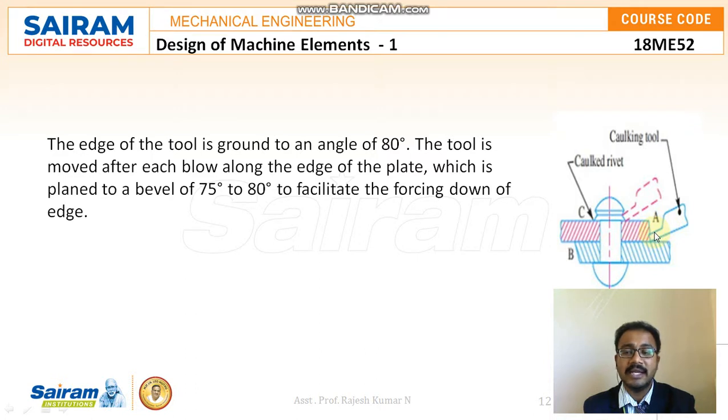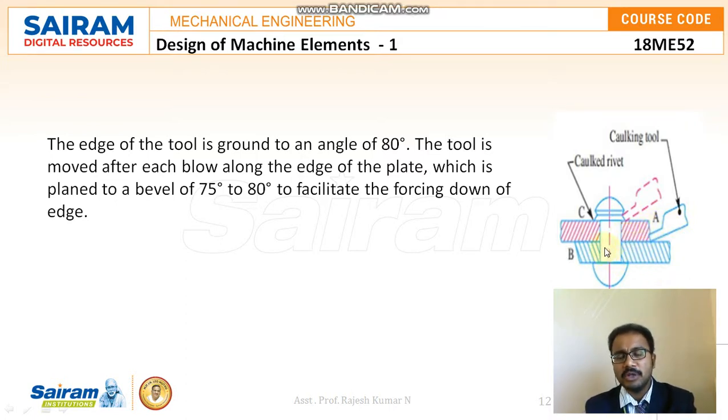So what exactly will I be doing with the help of this caulking tool? The edge of the tool is ground to an angle of 80 degrees. You can see this particular edge of the tool, which I'll be grinding to an angle of 80 degrees, and the tool is moved after each blow along the edge of the plate, which is planed to bevel at 75 to 85 degrees to facilitate forcing down of the edge.